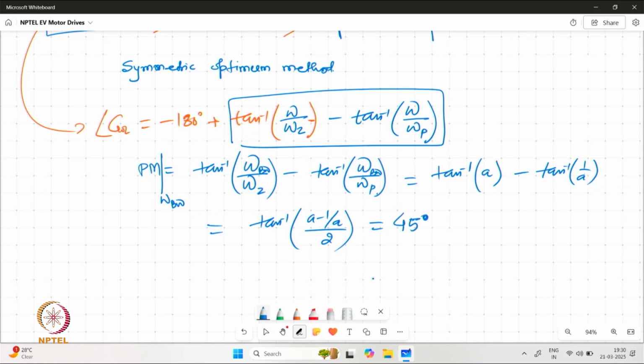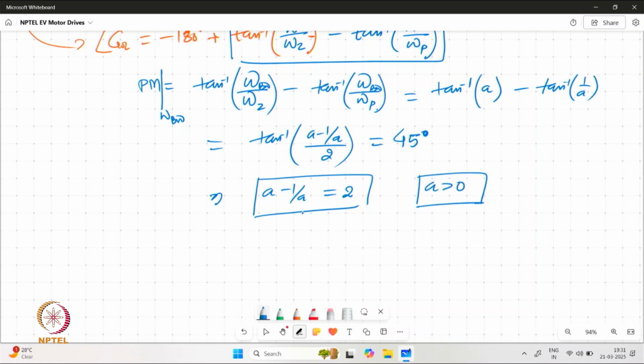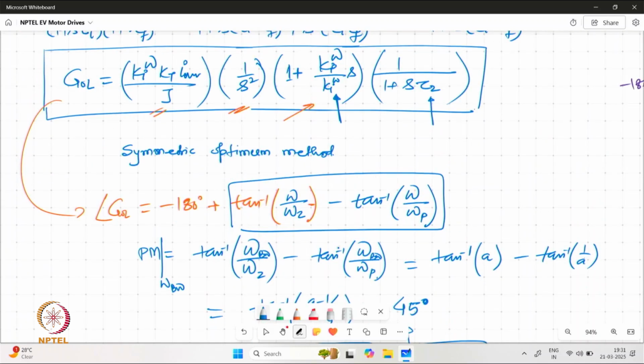For a good design, or for a reasonable response of the system, we can take a phase margin of 45 degrees for the motor drive. Then we can write the quadratic equation for A, and solve for the value of A which is greater than 0, because it is essentially a ratio between two frequencies. So we end up having a number for A, and this can be used for solving the rest of the unknown quantities.